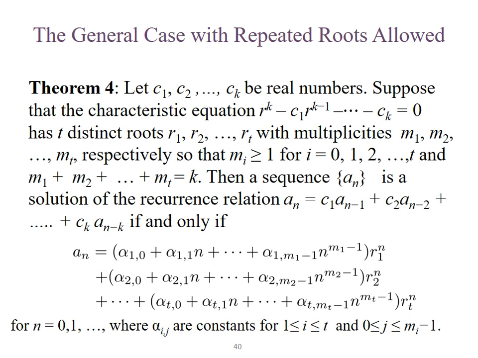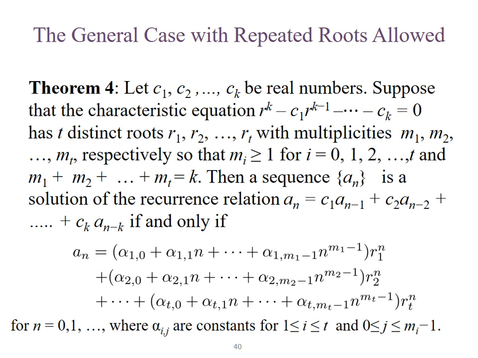Once we have repeated roots, we have t roots, not k, because in theorem 3, if the leading term is r to the power of k, then we have k distinct roots. But now some repeat 3 times, some repeat 2 times, so in total we have t distinct roots, r1 to rt.